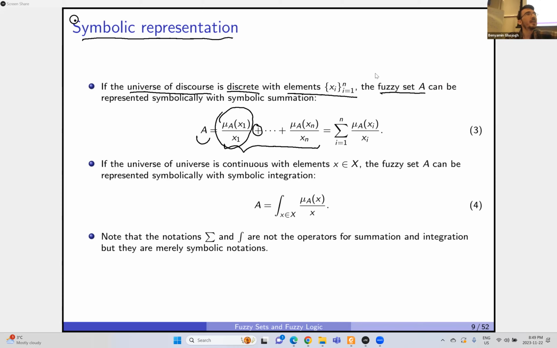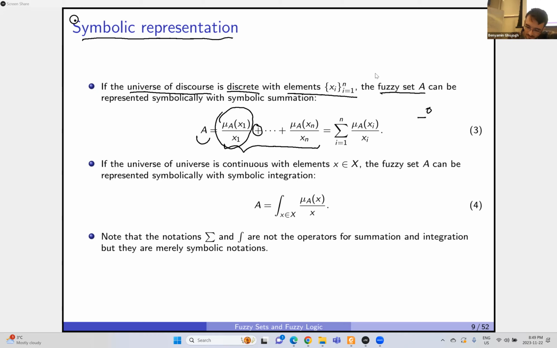Again, back to your question. What happens if one x has membership 0? I can put it or I can disregard it. If I don't put it, I'm telling the reader that its membership is 0. Did you understand what I'm saying? Consider some x, its membership is 0.